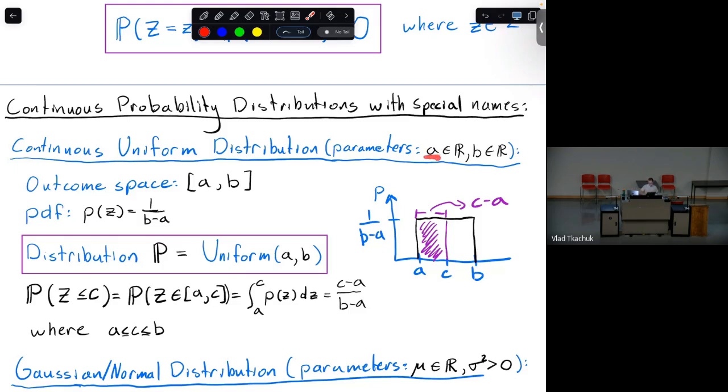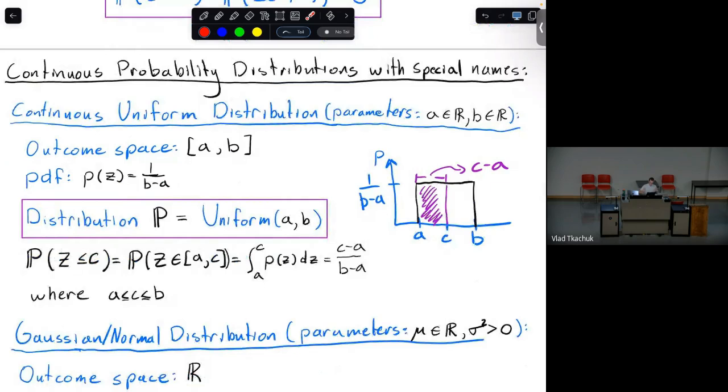It has 2 parameters now, which govern the outcome space: the first parameter is the start of the interval, the second is the end of the interval. They also govern the PDF, in the sense that the PDF is just 1 over the difference between these 2 things, to make the density uniform over the whole thing. So if you thought of this pencil as having a uniform density over it, that's what you should think of here. And it's typically written as this uniform notation.